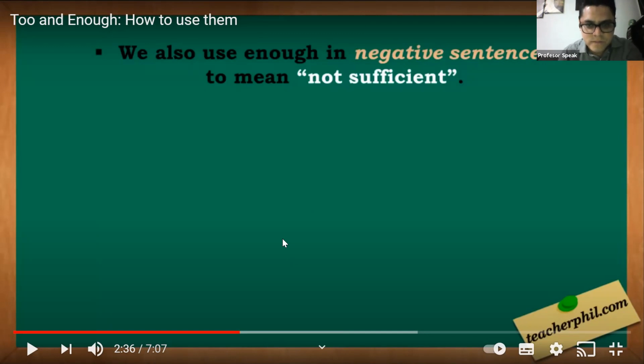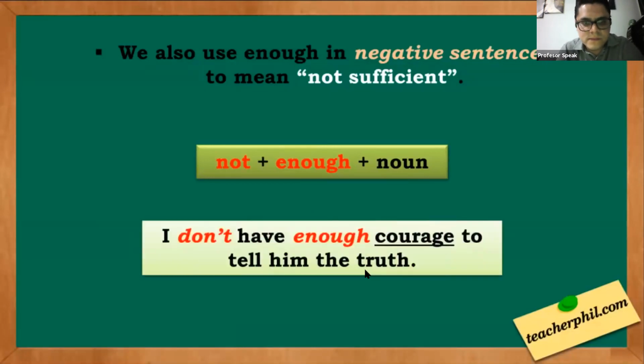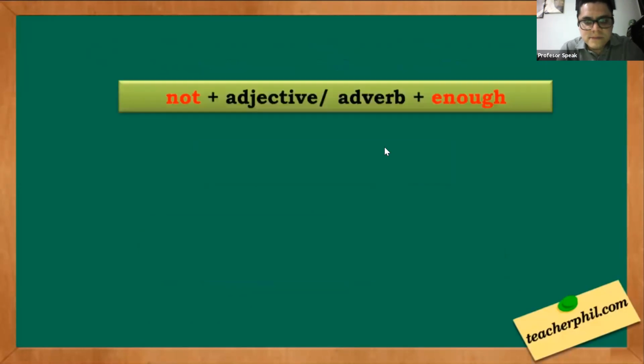If it is with a noun, then we have the structure not plus enough plus the noun. Example: I don't have enough courage to tell him the truth. We have here the negative don't plus enough plus the noun courage.